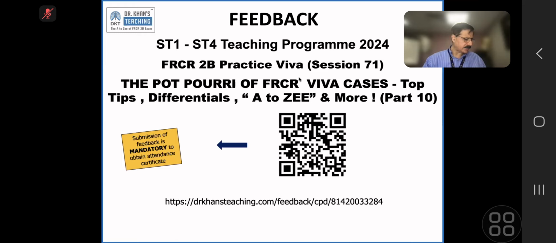Then there was an interesting case of anterior mediastinal abscess, secondary to a chronic dental abscess, which had tracked into the mediastinum through the carotid space. Then there was a case of incidentaloma, mandible, where there was an expansile lesion.